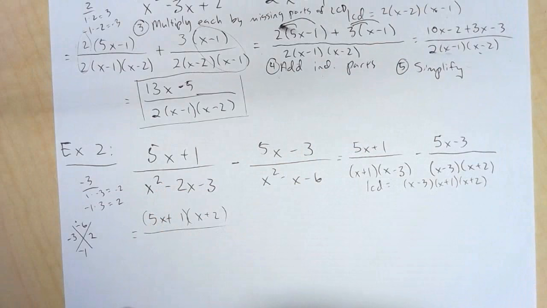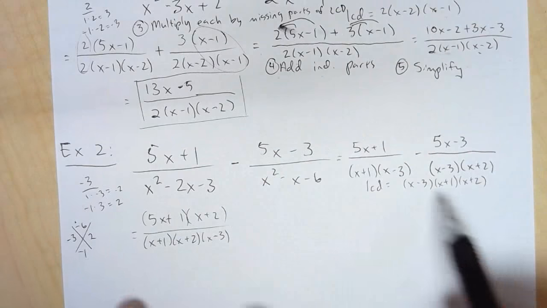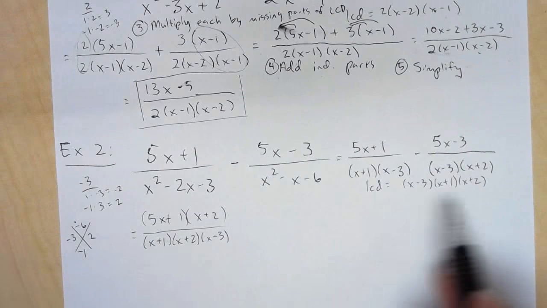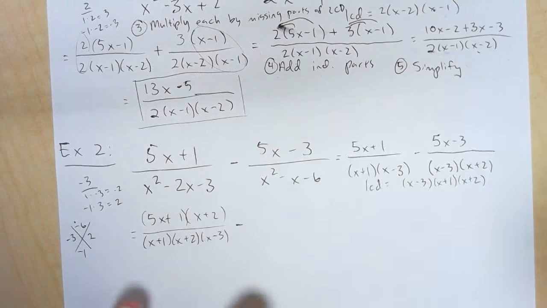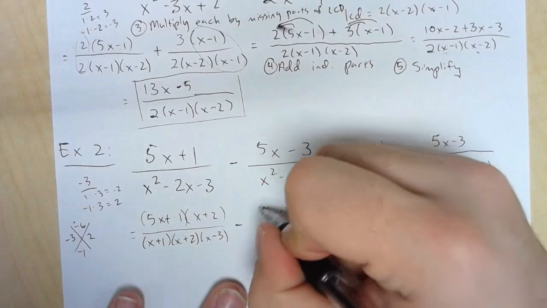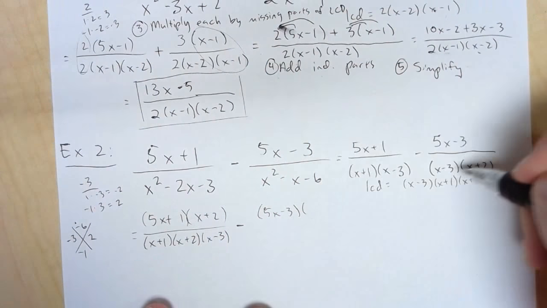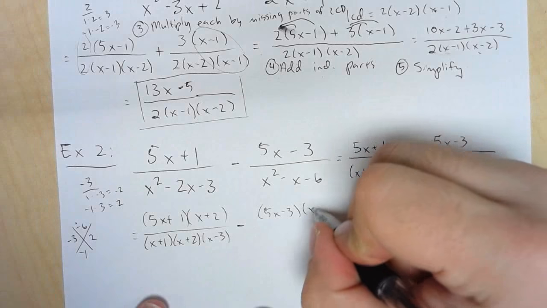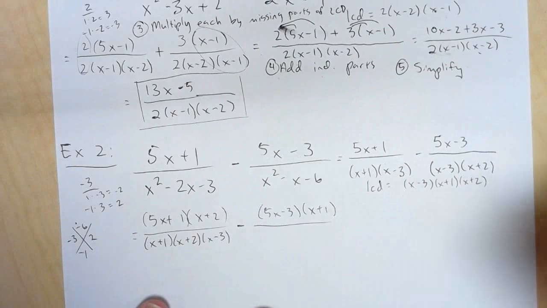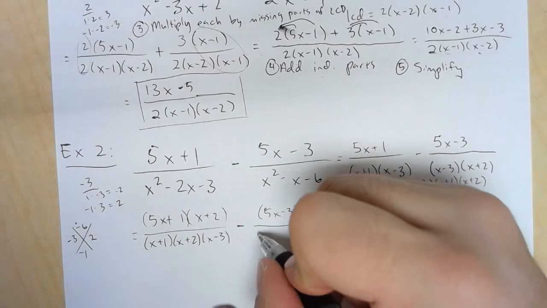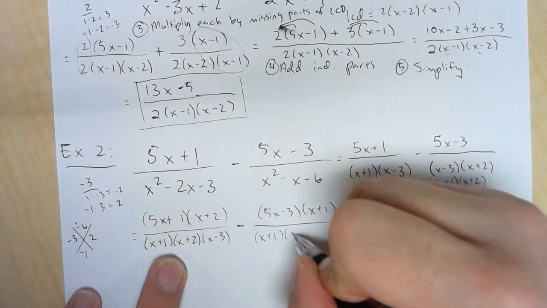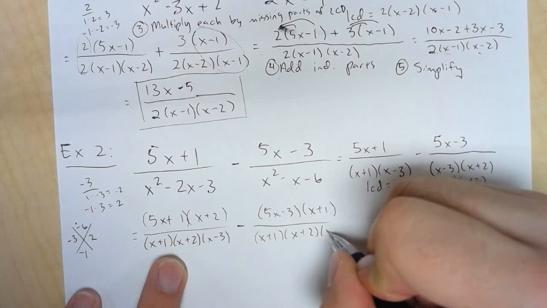All divided by 3. And order doesn't really matter when you're multiplying, so you can multiply in whatever order you want to. Minus, we've got 5x minus 3 in the numerator, all times, let's see, our missing one is x plus 1, all divided by x plus 1, x plus 2, and x minus 3.